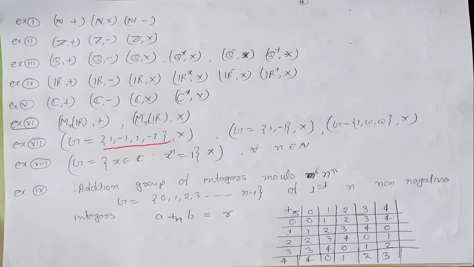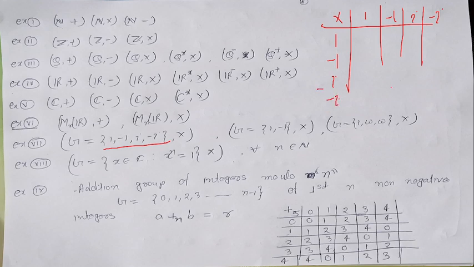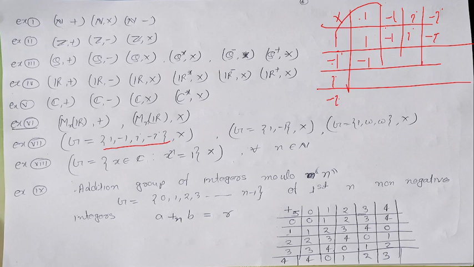Like, the operation is multiplication, with elements 1, minus 1, i, minus i along the rows and columns. 1 into 1 is 1, 1 into minus 1 is minus 1, 1 into i is i, 1 into minus i is minus i. Minus 1 into minus 1 is 1, minus 1 into i is minus i, minus 1 into minus i is plus i.